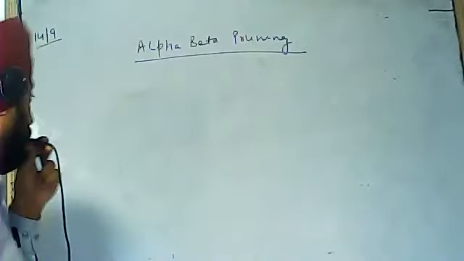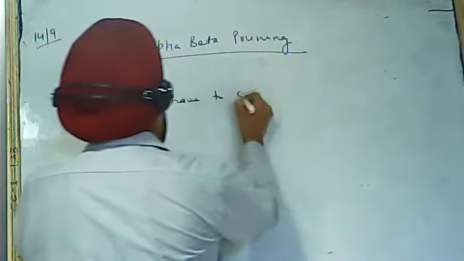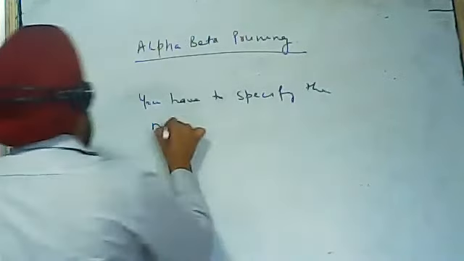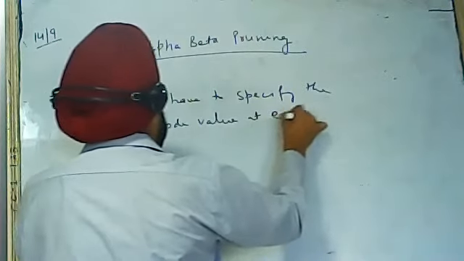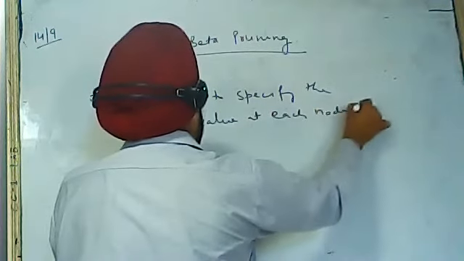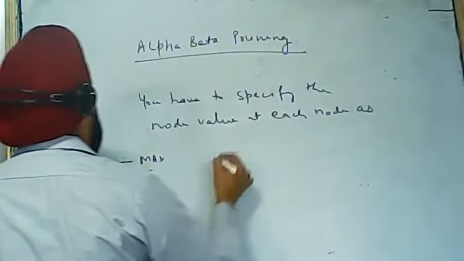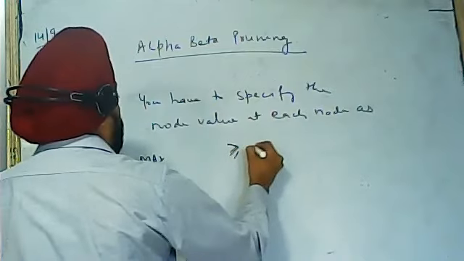So after solving, you have to specify the node value at each node. If it is the maximum level, then you specify the node value like this: greater than or equal to node value.